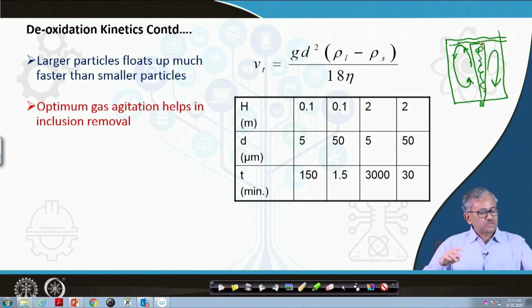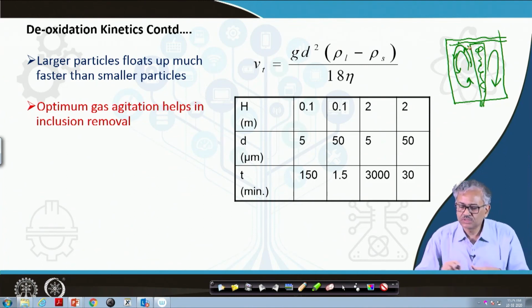If the velocity is very high, the inclusion can remain entrained in the liquid, that is, it may not escape to the slag. So you have to have an optimum velocity, because if it is very high, the inclusion will be re-entrained into the liquid rather than released into the slag.